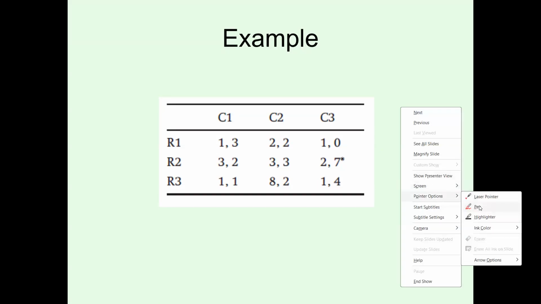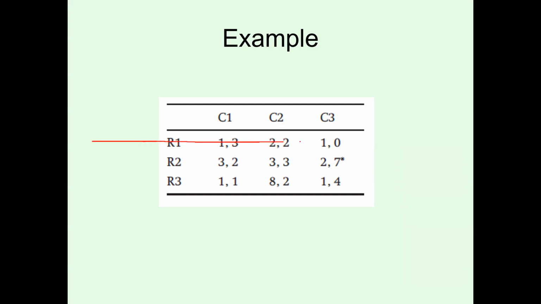Because I know that if I choose R1, there is still a strategy which is better than R1 across all strategies that can be taken by the column player.